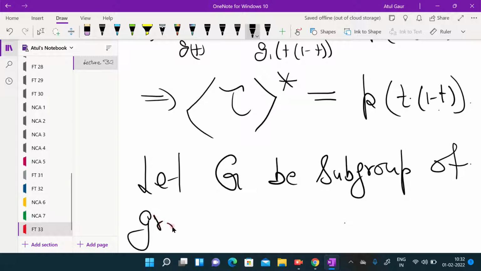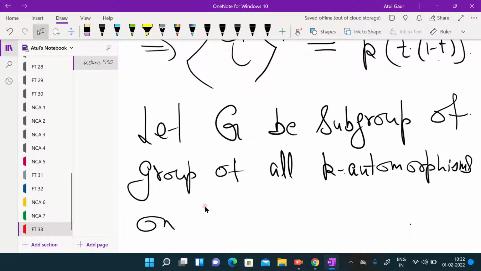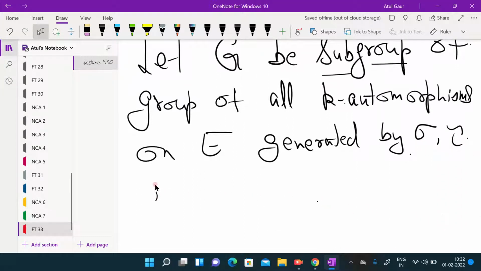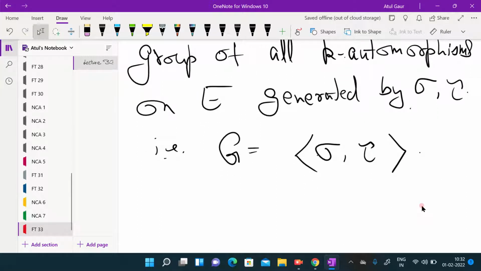So this G is the group generated by sigma and tau.